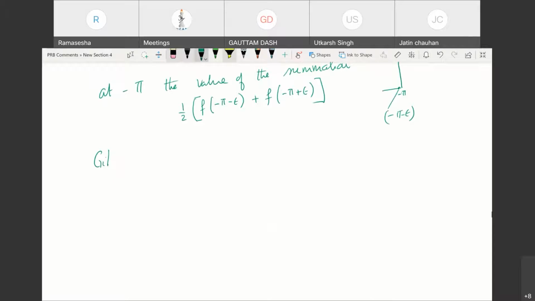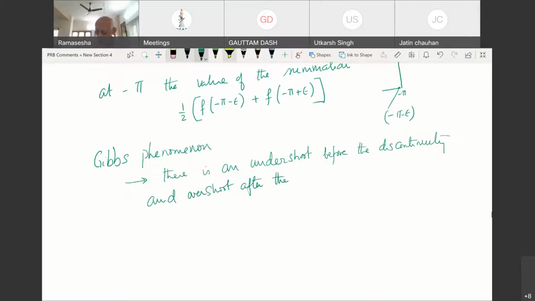There is an undershoot before and after the discontinuity.